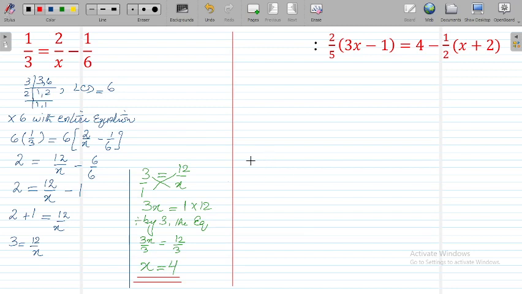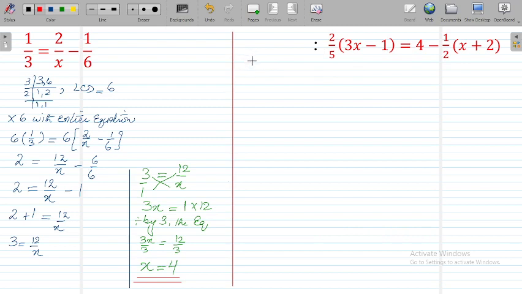What we will do is try to remove these denominators on the left hand side and the right hand side. The best approach for this is to calculate the LCD, the least common denominator, for this algebraic equation. Here we have 5 and 2. So you know how to take it out.